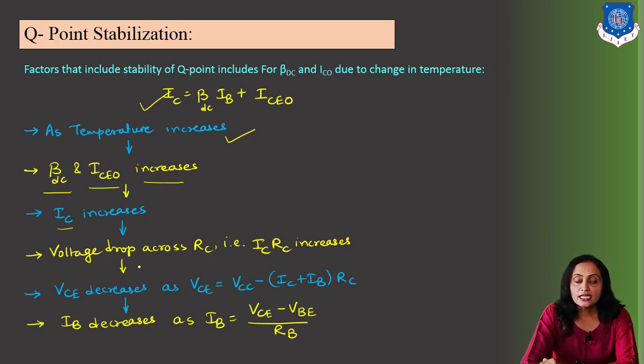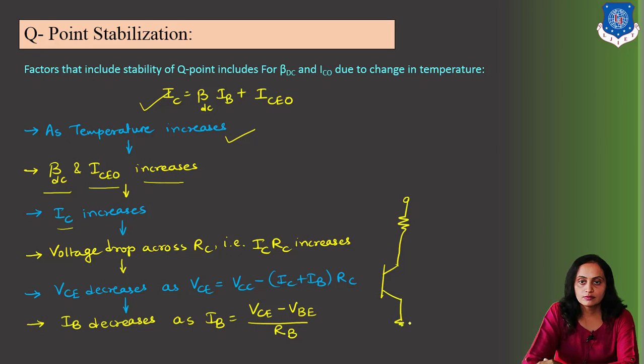Now, as IC increases, the voltage drop across RC, that is IC into RC, increases. Due to this increase in the voltage drop across the collector resistance, VCE decreases, because we have the collector loop like this. This is ground, this is emitter, this is collector, this is RC, and the current flowing through it is IB plus IC.